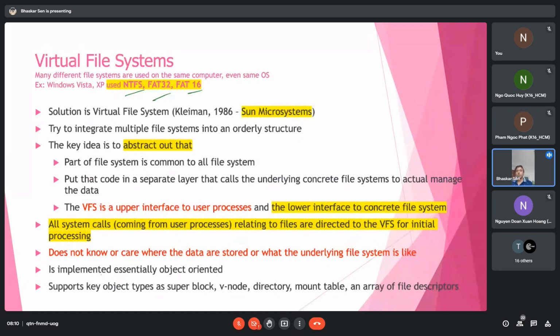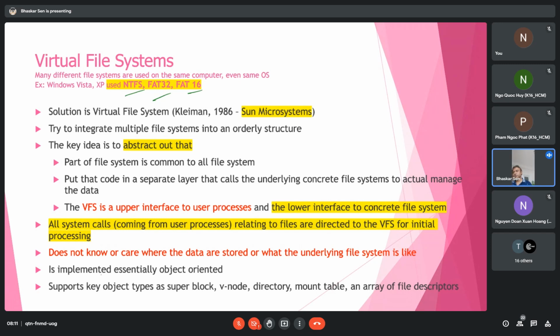So how will you know, at the end of the day, what kind of file system your process will be dealing with? So there will be a problem of interfacing, because if it is NTFS, it's a different interface. FAT32 and FAT16 have different interfaces.